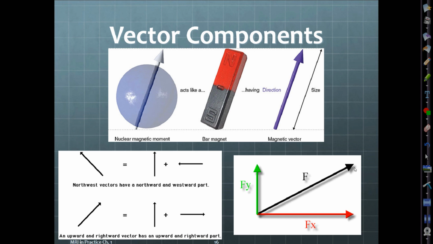See how this oblique vector is very long, but it can also be broken down into smaller vectors on those orthogonal planes. The sum of these two vectors is equal to the oblique vector. That's important when we start to talk about flip angles and tissue relaxation, which we'll cover in chapters to follow.